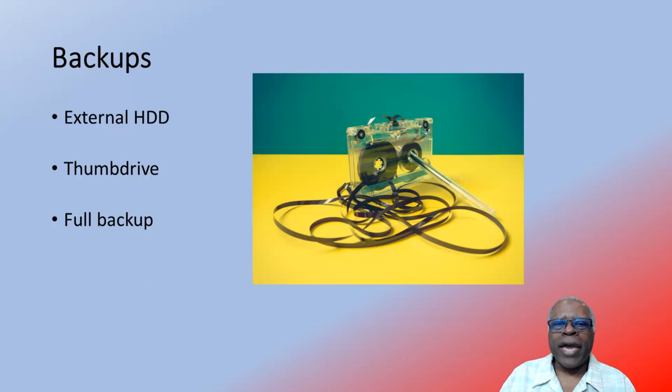And then I'll do a full backup of the entire system once a month or so. Not as often as I would like, but I'm trying to get better. And I do, as you can see, use hard drives, not cassette tapes that are shown in the slide here.